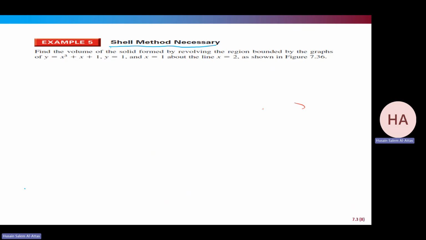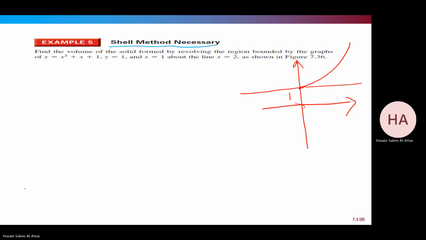I will just give you the figure easily. At 0, it is 1, and it's going like this. Now, I want y equals 1. This is the line y equals 1. And they have x equals 1, which is this one.